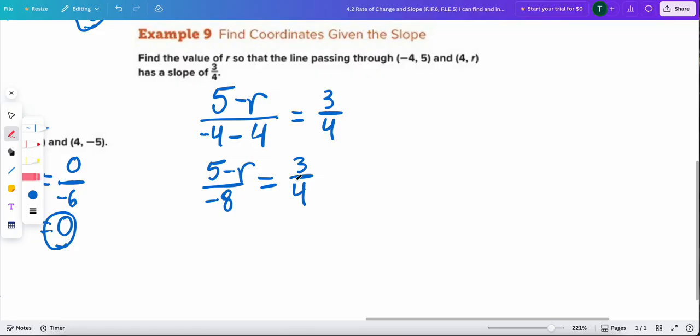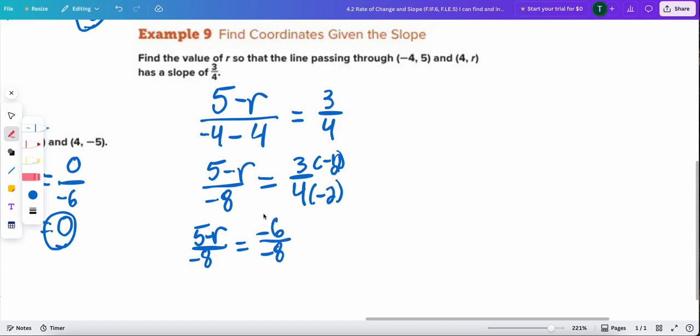So I'm going to multiply this fraction on my right hand side by -2, on top and bottom. So this would become 5 minus r over -8 equals -6 over -8.